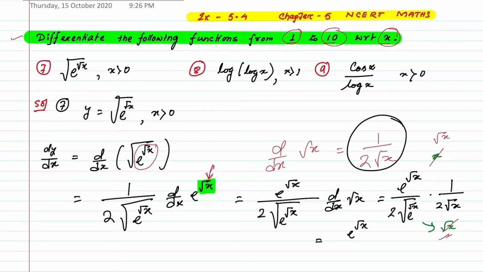So if you cancel these two, here you should get e to the power root x over root e to the power root x. Here 2 times 2 will be 4 root x. So this is our final result.